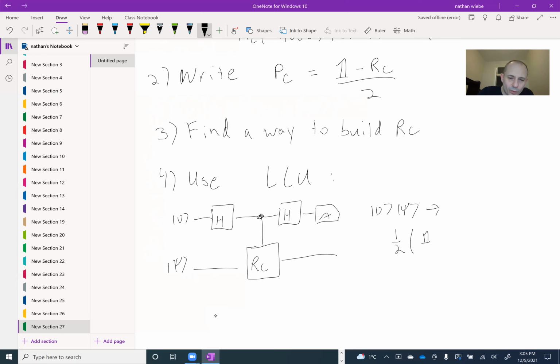Actually, I guess technically the easiest way to express this is minus RC. So we want to figure out a way of building minus RC, but okay, let's not worry about that. So minus RC will go to minus RC over 2, |0>. Oh, sorry, I guess actually I don't need the half here because it's already in the other term. |0>|psi> plus |1> identity plus RC divided by 2 acting on psi.